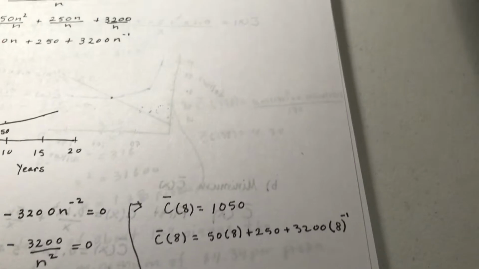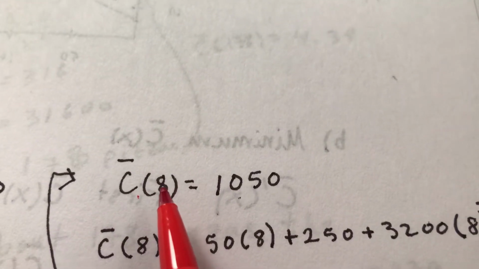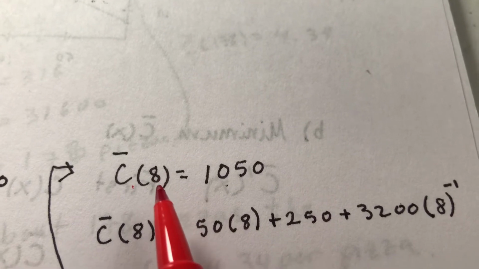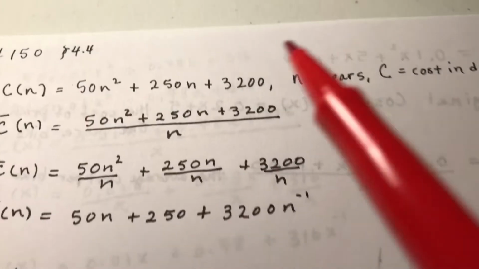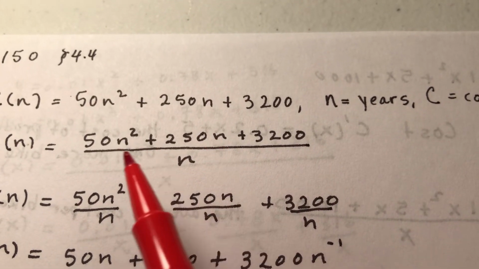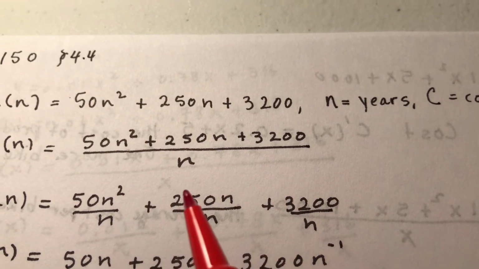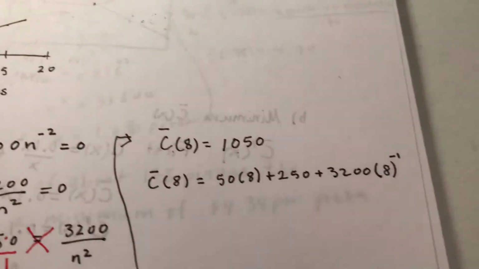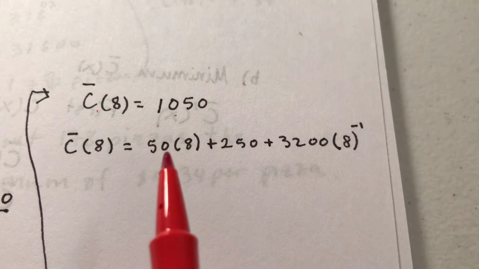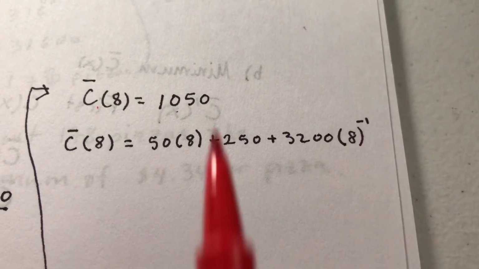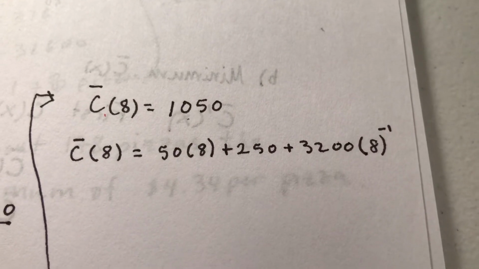Now, find the cost. We're going to plug the 8 into, well, we've got some choices. We could plug it into this one here. Just put an 8 in there, and divide all those by 8. Or you can put it into this simplified one. I put it into 50 times 8 plus 250 plus 3200 times 8 to the negative second power. And that gives you 1050.